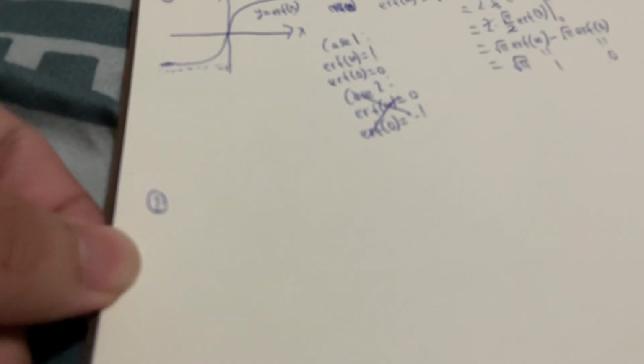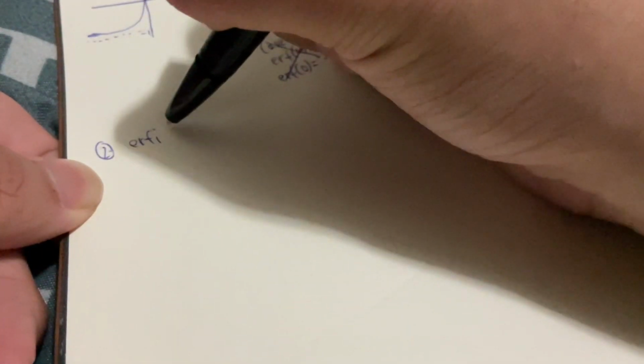And number 2, let me just do this really quick. Number 2 is the graph of the imaginary error function, erfi. We should use i here because it's imaginary. Imaginary starts with i. So you need to use the i and not the other one.